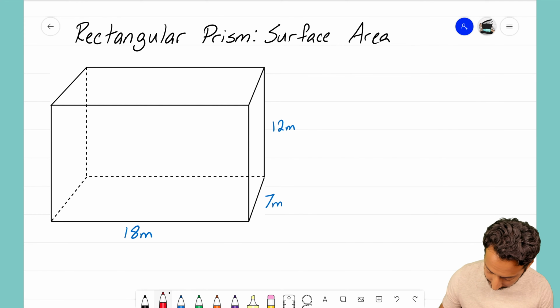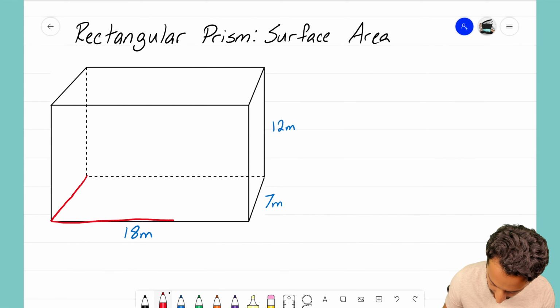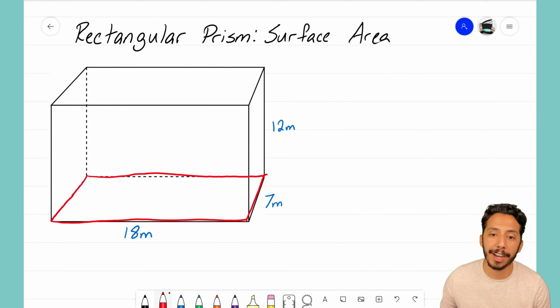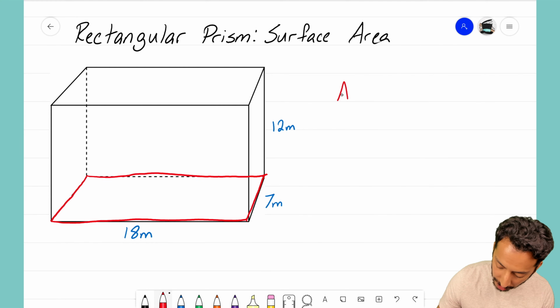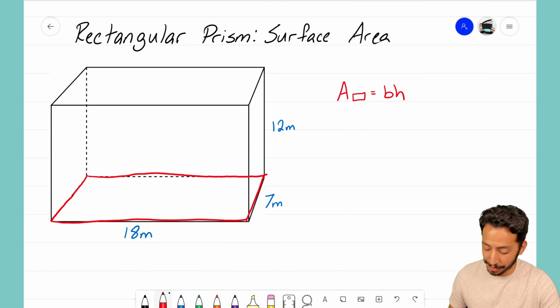I'll trace it in red, this rectangle right here on the bottom. Let's find the area of this rectangle to start off. To find the area of a rectangle, we know that that is just base times height. Looking at that rectangle, I see that the base is 18 meters.